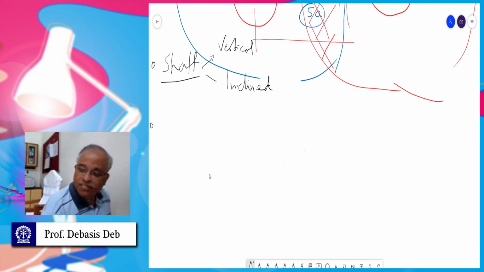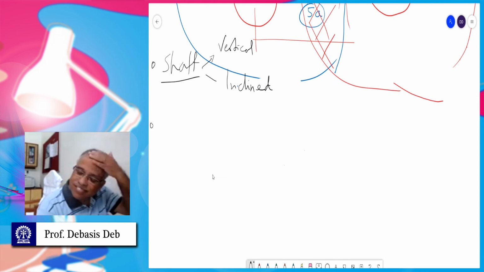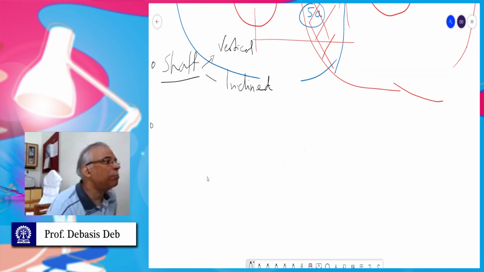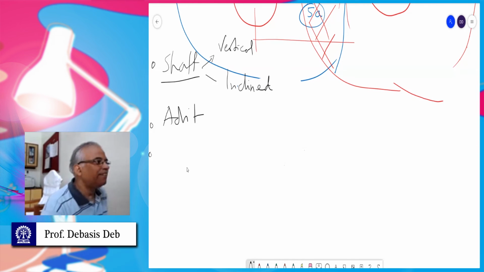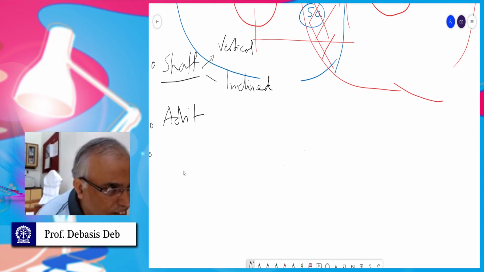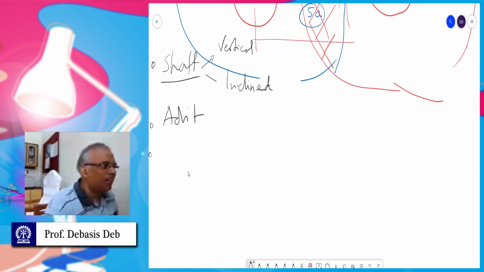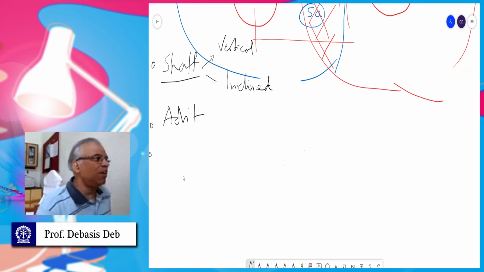What are the other ways? Anybody can pick up? Okay, one is zigzag type. Then crosscut. No, crosscut is after you reach there. I'm saying from the surface you go underground. What are the others?